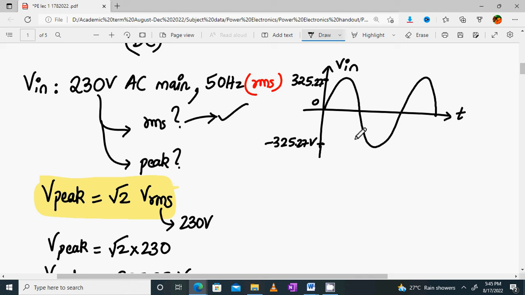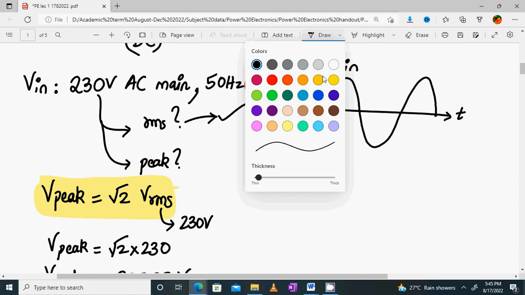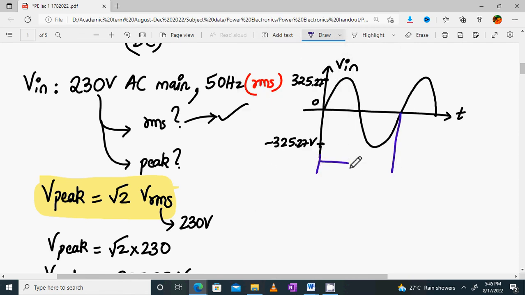I hope you're following. Now who is going to tell me how much is the period of this signal? How much is the period of this periodic AC signal? The average value of this signal will be 0, correct? Because it's a periodic signal, its average value is 0 after one period.